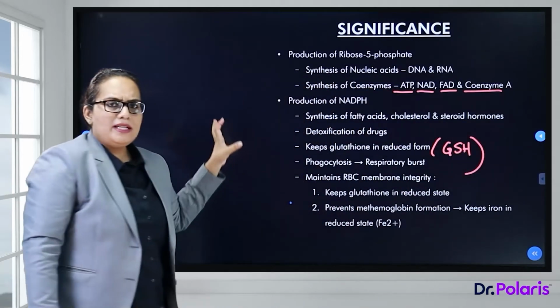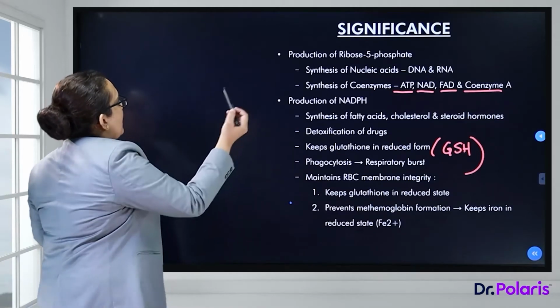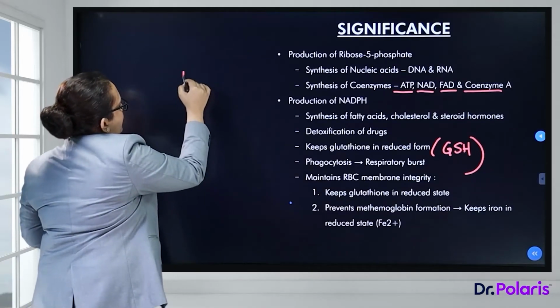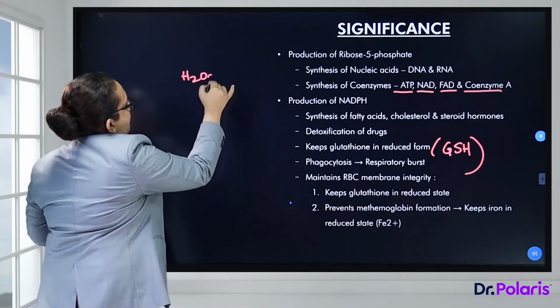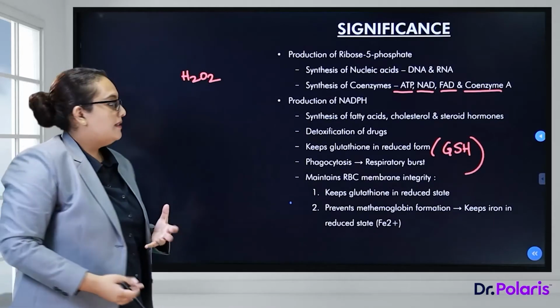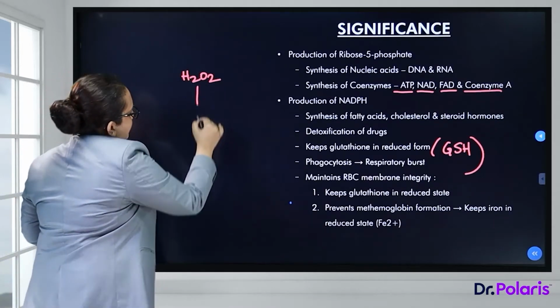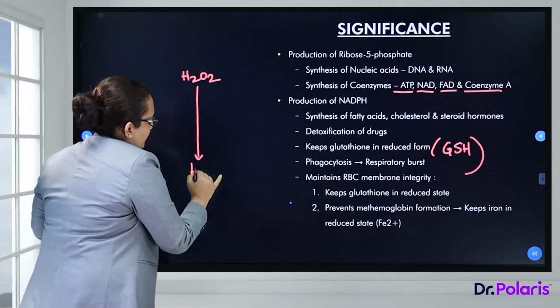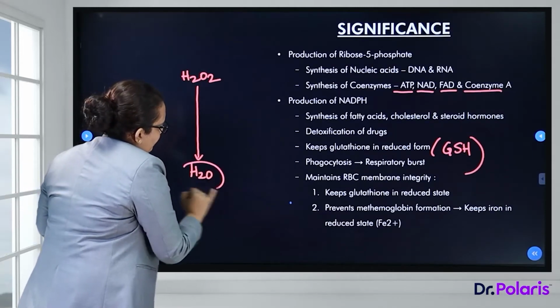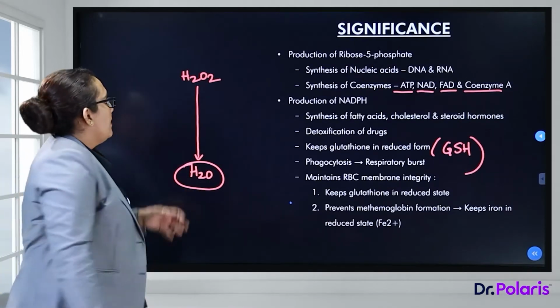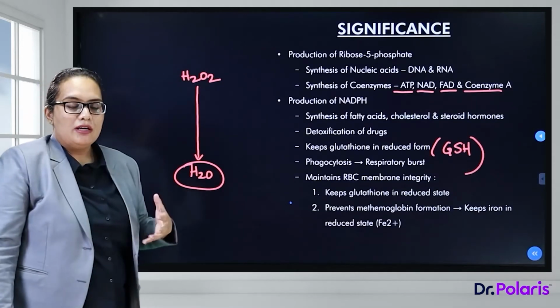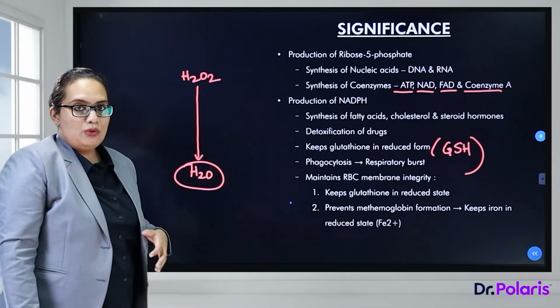So I'll just show you exactly what really happens. Imagine there is a lot of hydrogen peroxide formed in the body. This is a free radical. The main aim is to detoxify this and form water, which is very safe to the body. How does this detoxification occur in the presence of glutathione?